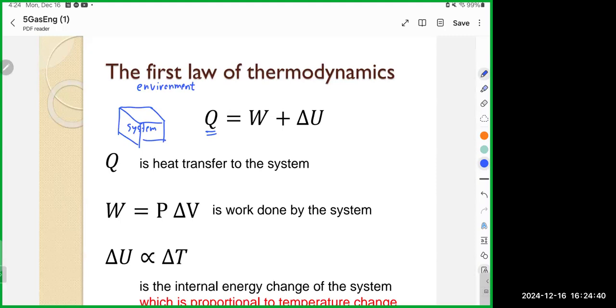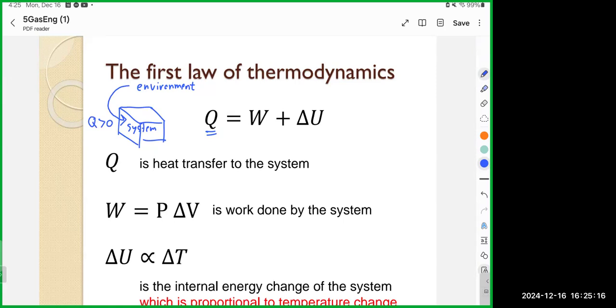The way the system can communicate with the environment is through heat. Okay. In this case, if I assume that the heat from the environment comes into the system, so the heat is positive because it flows from the environment to the system. Okay, right here, Q is positive.